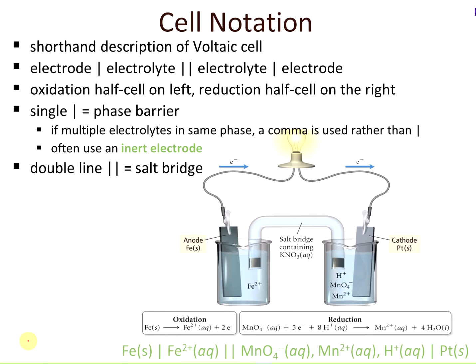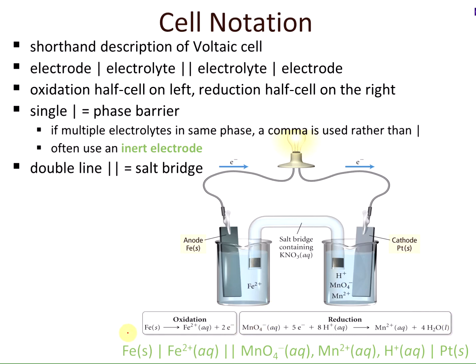Now here's just an example where we have a multiple electrolyte system. At the anode we have the iron being oxidized from iron 0 to iron 2+. But on the other end, we have the permanganate ion, the MnO4-, consuming 8 electrons and 8 protons to make Mn2+ and 4 waters.